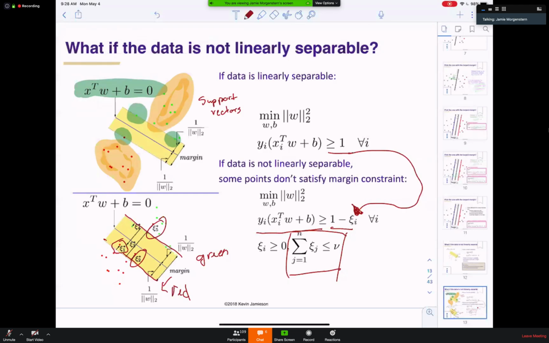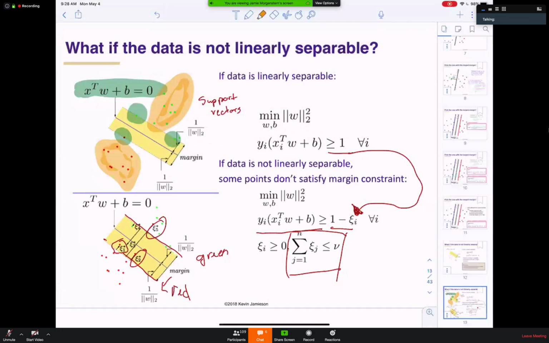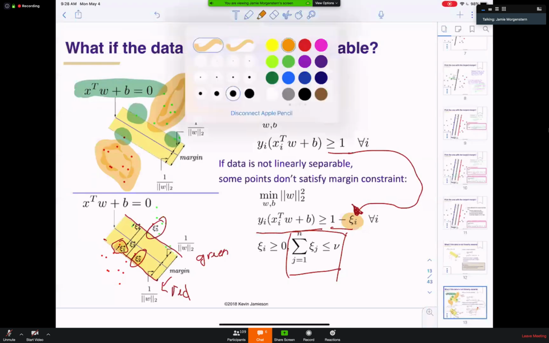Okay. On the other hand, if we're thinking about the case where we are no longer thinking about something linearly separable, we have more data points which are defining the cost of our decision rule, which are namely all of the points which violate the margin condition. All of these which have slack variables greater than 0.